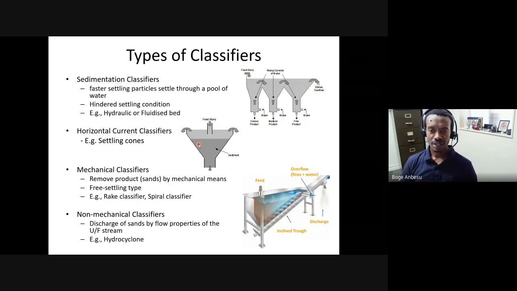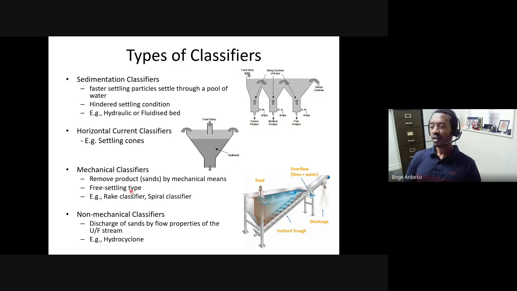If you have very fine particles, which obviously take longer to settle, we can also add flocculants, which aid the aggregation of particles together. As particles aggregate, they become larger and they settle faster. Thickeners work in the same way. Thickening, or solid liquid separation, is something we'll talk about in your next course, process eng 2, so don't worry too much about thickening and those operations at this stage. That's one example of how a typical classifier may work.